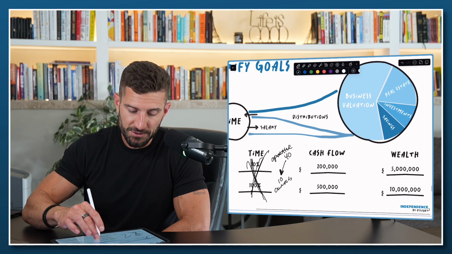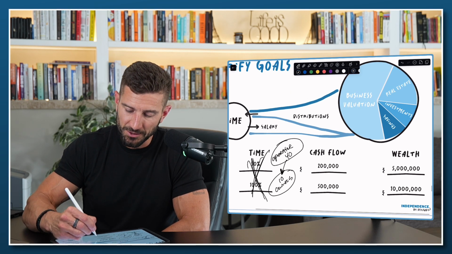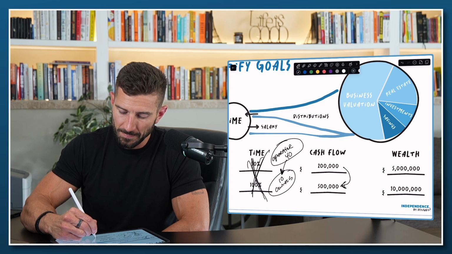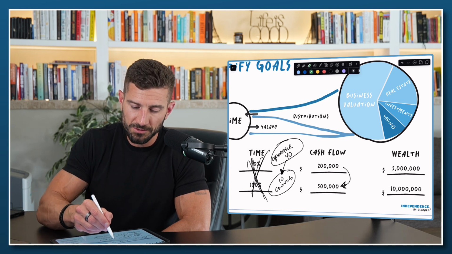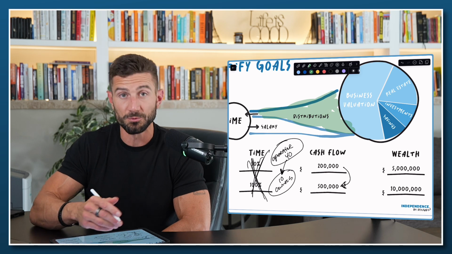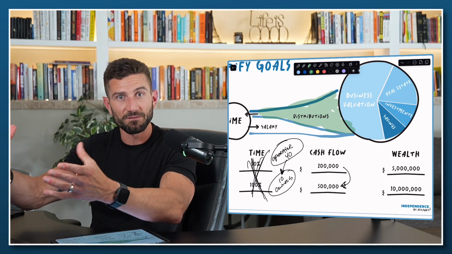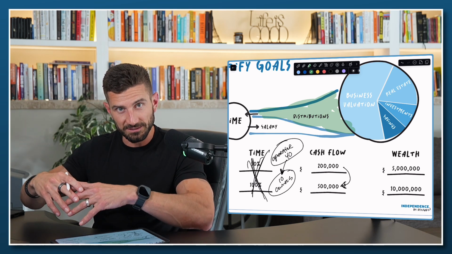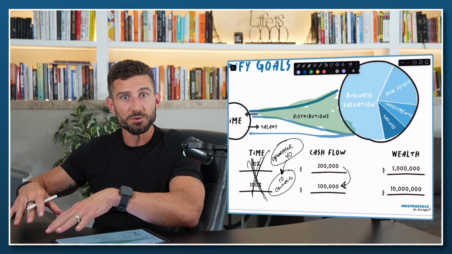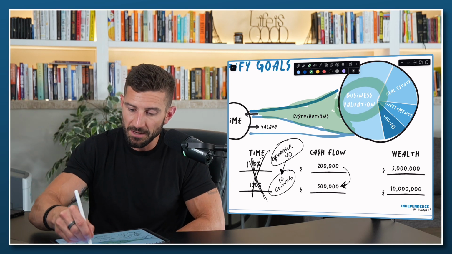We want to take our cash flow. So we want to be reducing our time and increasing our cash flow, but let's take it through distributions. If we can increase our cash flow through distributions, we can see those distributions, which increases the confidence, which de-risks the business, which reduces the discount rate, which increases the multiple, which creates a more valuable business.